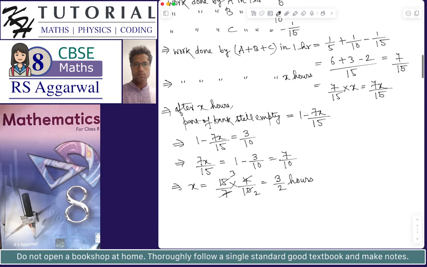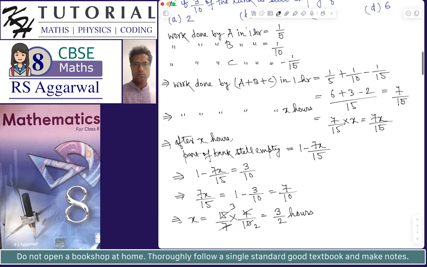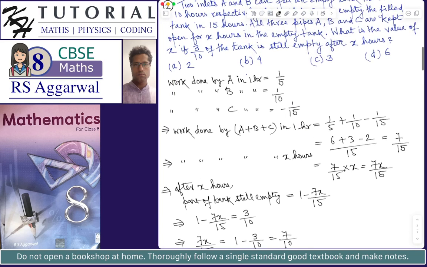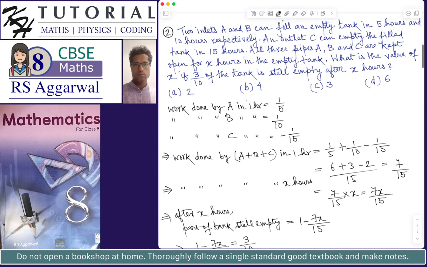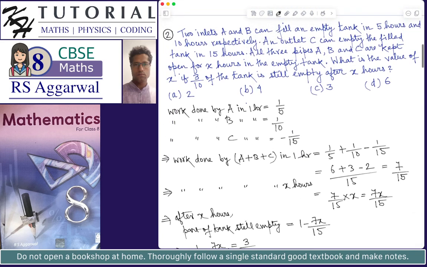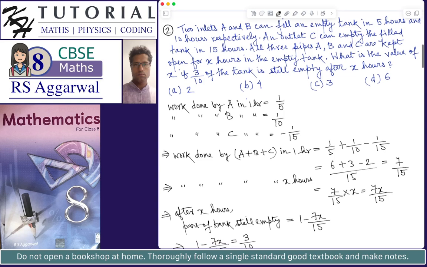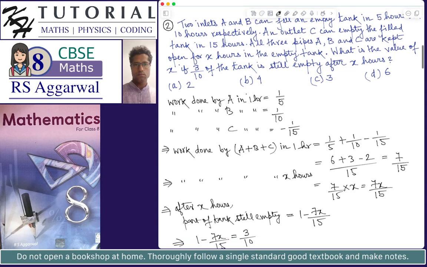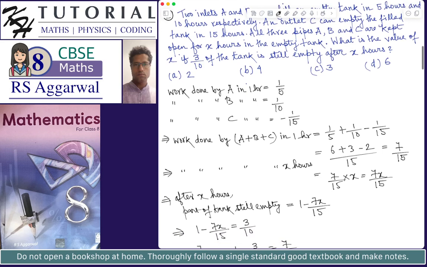Let me see if I did the calculation correctly or not. Work done by A is 1 by 5, work done by B is 1 by 10, work done by C is minus 1 by 15. So work done by A plus B plus C in 1 hour is 1 by 5 plus 1 by 10 minus 1 by 15. The denominators are 5, 10, 15, so the LCM will be 30.